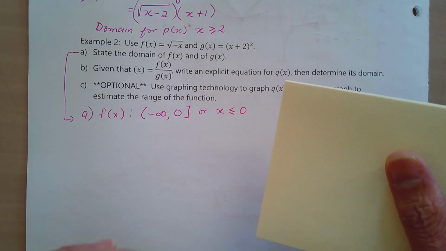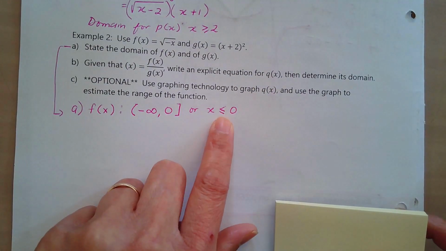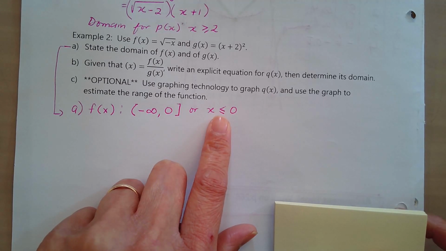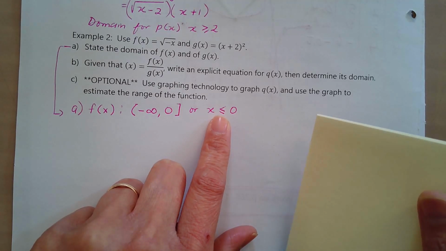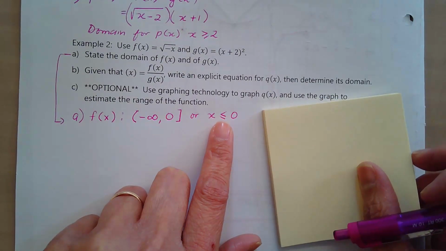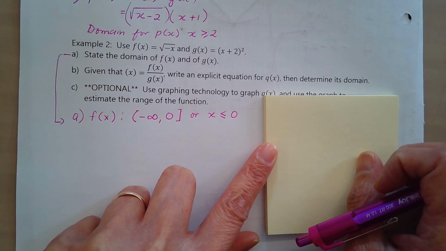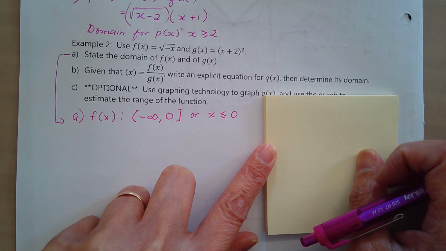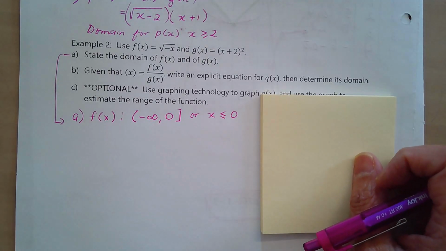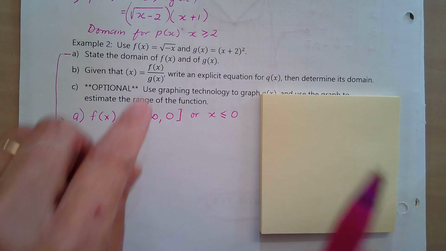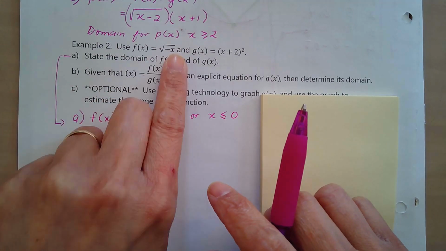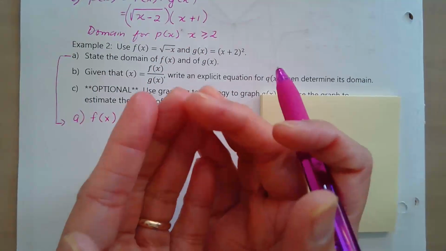Anybody else have a strategy on how to figure this out? Yeah. Well, since it's a negative x, the number has to be negative in order to equal a positive. Mm-hmm. Okay, so that's your idea. Like, if this is already negative, and if I put a positive number there, overall it's going to be a negative radicand, sorry.